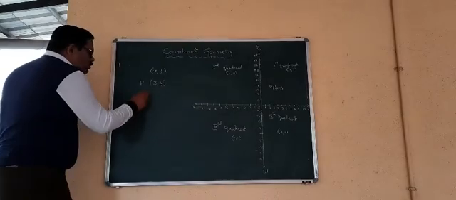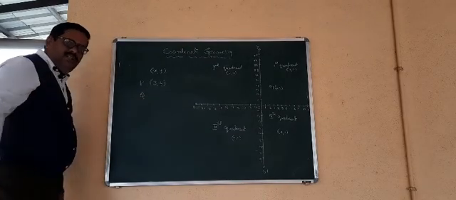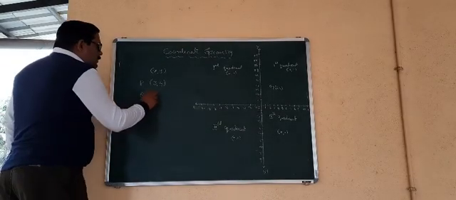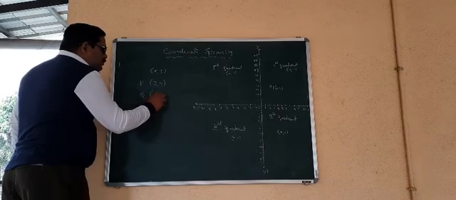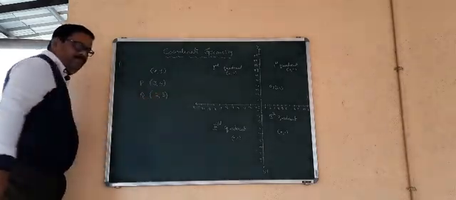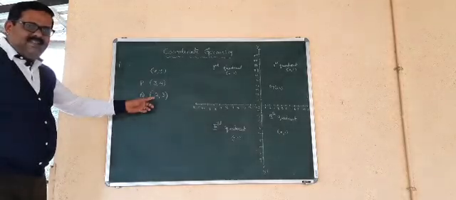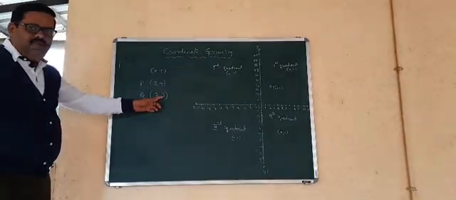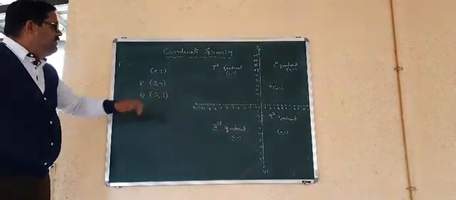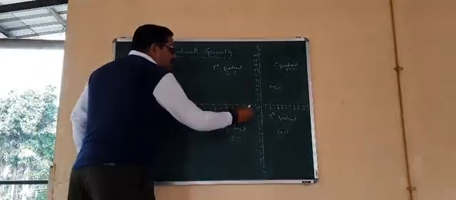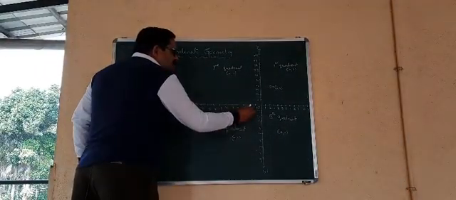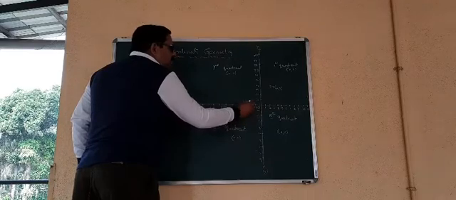Suppose we are going to locate another point Q. The point is like this, -2 and 3. Here we have a negative sign for the abscissa, that is the x value, and a positive sign for the ordinate, that is the y value. Here it is -2 on the x-axis and +3.